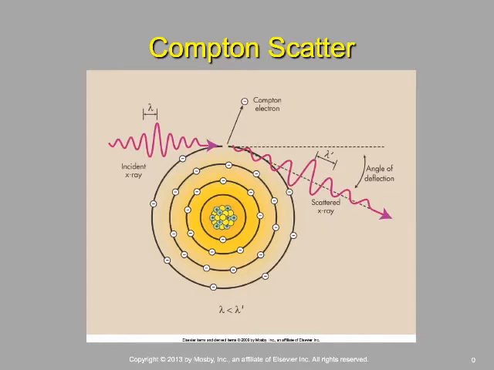The number one source of our X-ray exposure as X-ray techs is not going to be the tube, but the patient. I'll say that again. The number one source of our X-ray exposure is not going to be stuff leaving the tube. It's stuff coming off the patient. And the reason it is coming off the patient is because of Compton interactions. Okay?